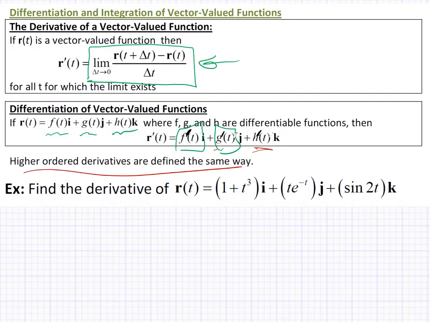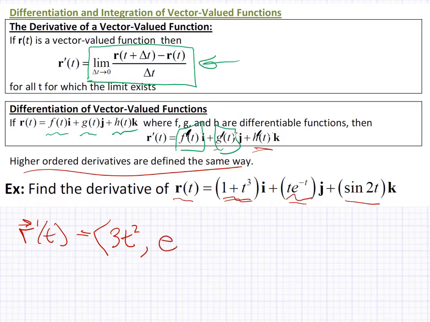So in this case, if I wanted to take the derivative of r of t, knowing r of t is made up of these three functions, the derivative of r of t should be the vector 3t squared. That would be the derivative of 1 plus t cubed. And then it should be the derivative of the j component, which in this case we're going to need product rules.